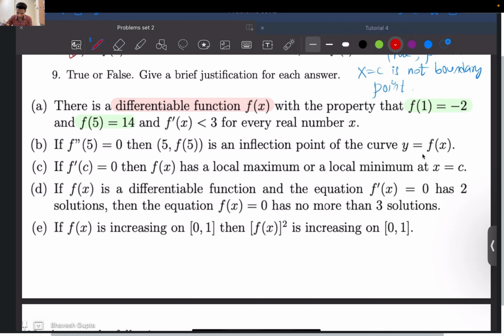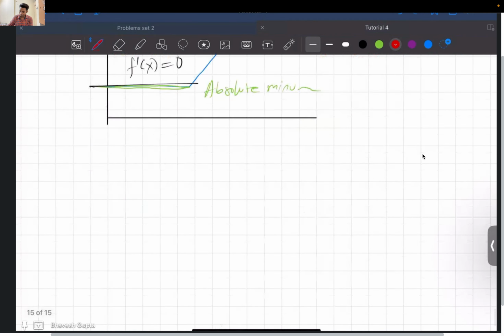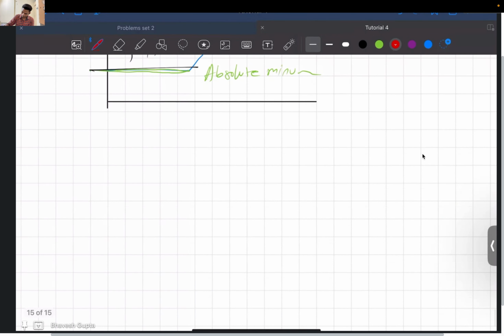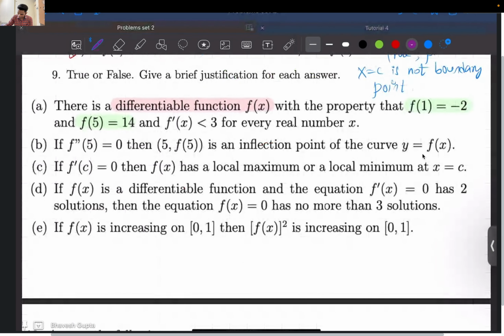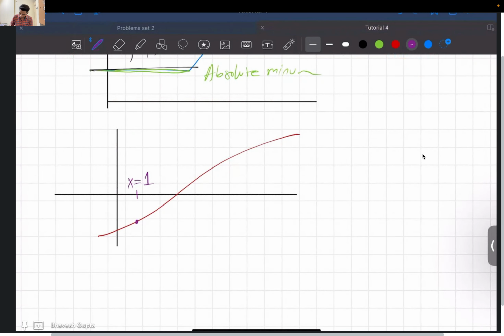So I can tell you geometrically what it means. Let's say this was your axis and let's say this was your curve, and over here this was my x equal to 1, right? At x equal to 1, the function takes value minus 2 according to the problem.